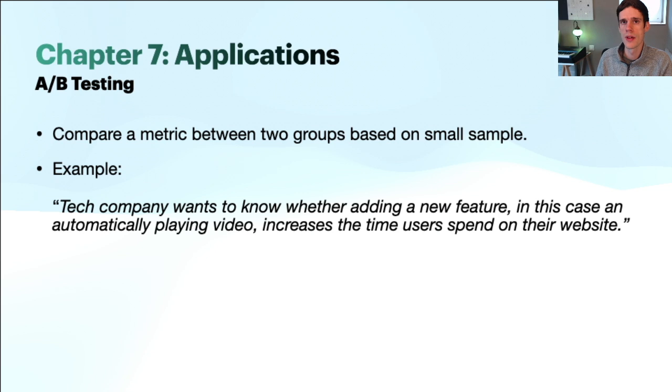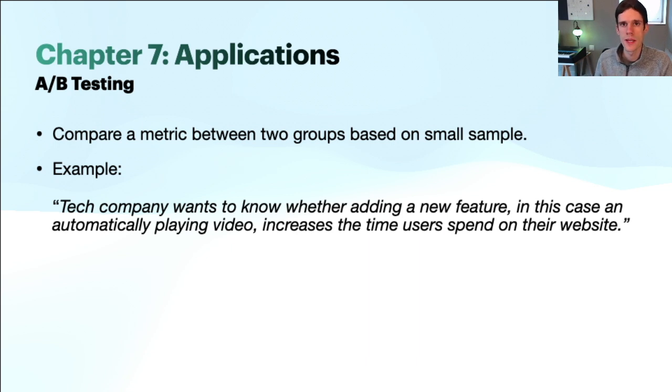Now they want to know if adding this automatically playing video will increase the time that users spend on their website. Now, if this is the case, then it is worthwhile rolling out this new feature. However, they don't want to roll this out if it doesn't make any difference. And that's what you have to investigate and to formulate a conclusive answer about.